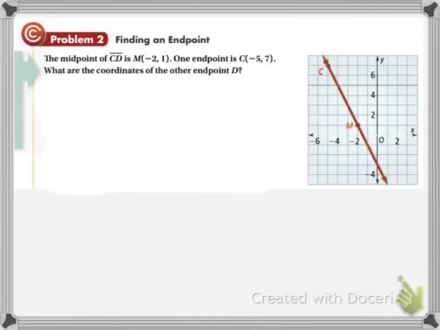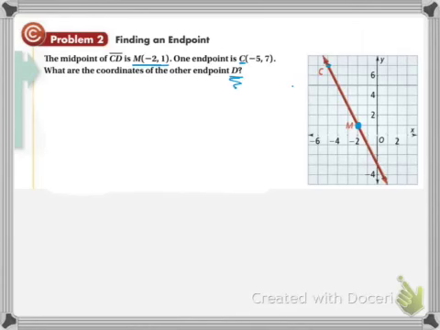Okay, so we're going to take this and do a little bit more with it. We are given that the midpoint of a segment is at (-2, 1). You can see that we already have that graphed over here. And we know that one of its endpoints, endpoint C, is at (-5, 7) up here. What we want to determine is the coordinates of the other endpoint of this segment.